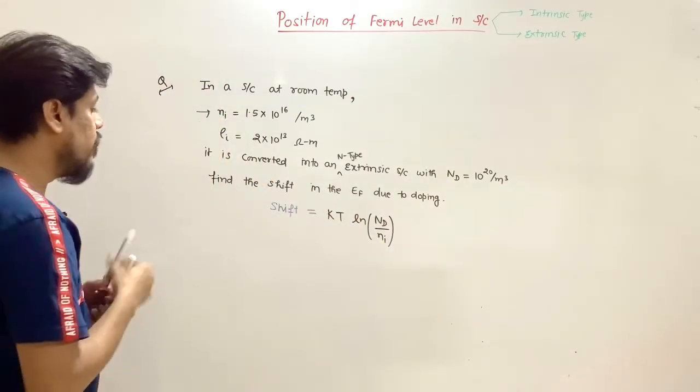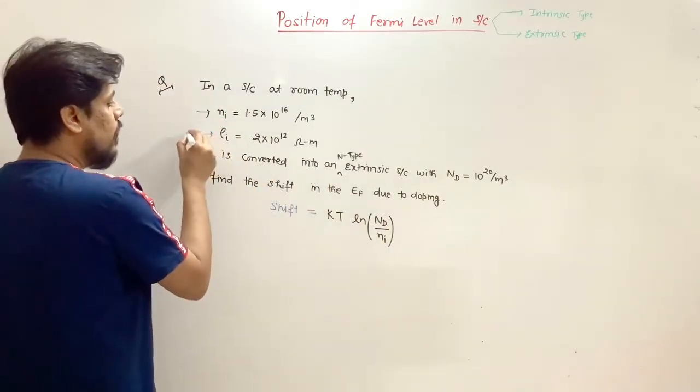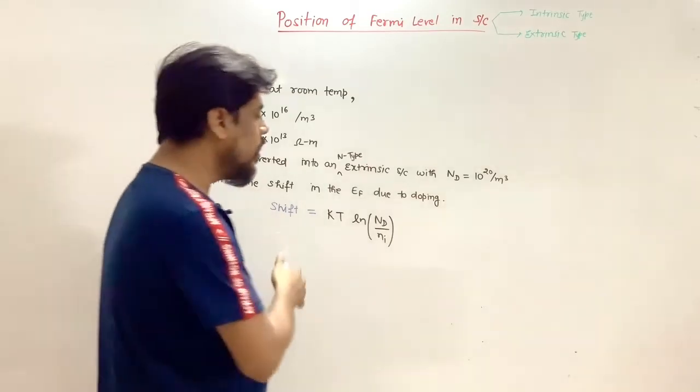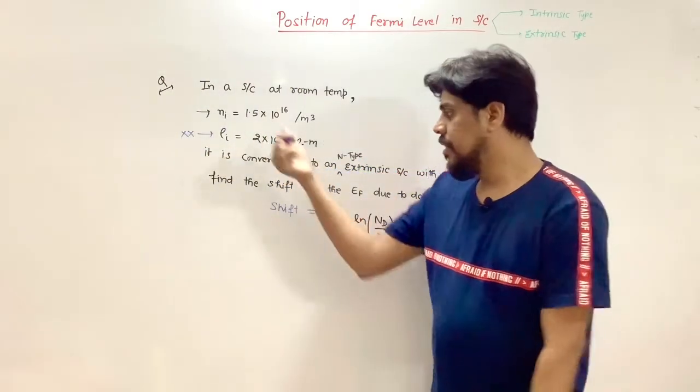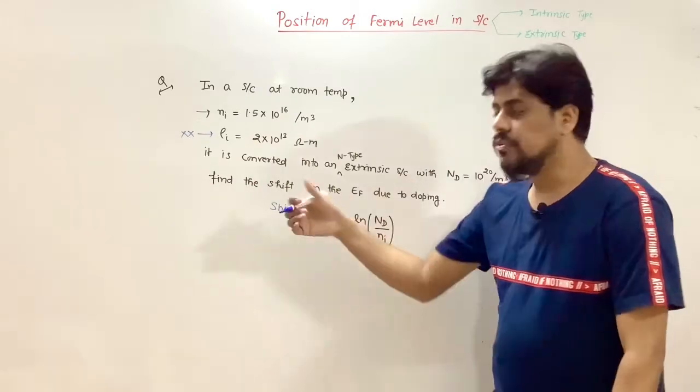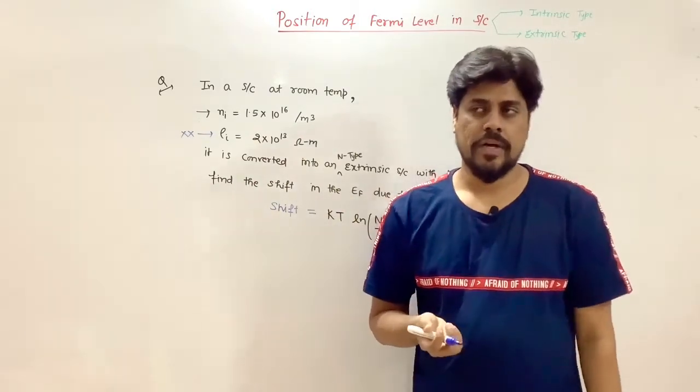So here rho I, the intrinsic resistivity data, is irrelevant data. No need, and we will not use this rho I in this solution. This is irrelevant.